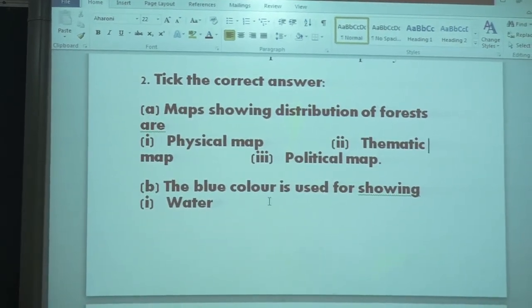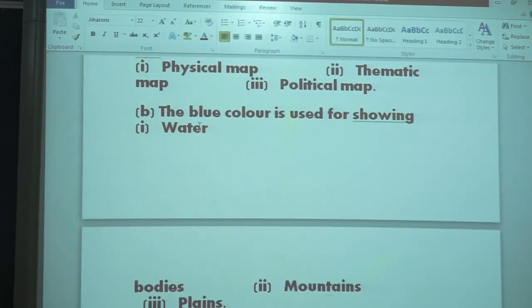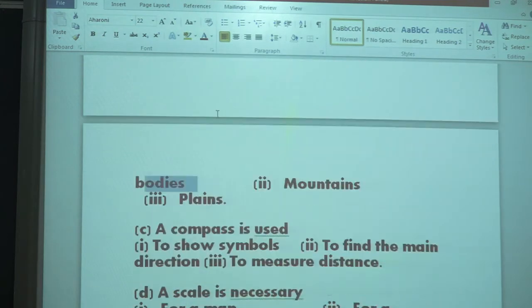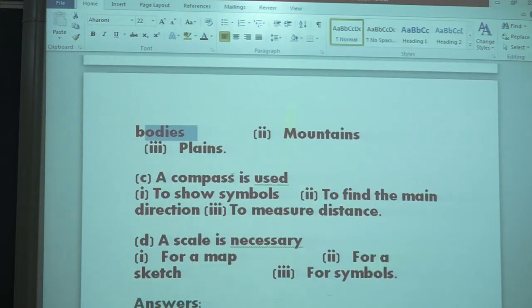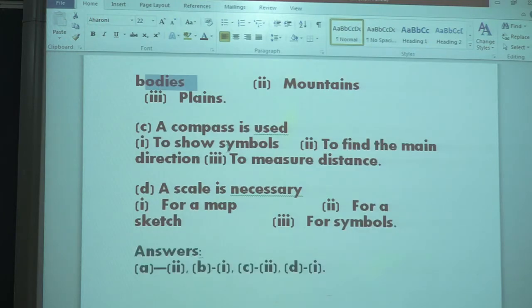Next question, the blue color is used for showing. Of course, it is used for showing water bodies like oceans and seas. The answer is water bodies. Next question, a compass is used to show symbols, to find a main direction, or to measure distance.